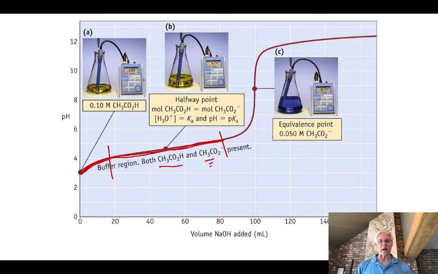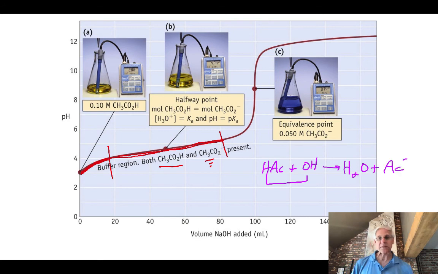Now, why is that? Well, if we think about what we have, we've got our acetic acid. It's going to react with the hydroxide of sodium hydroxide. The H and the OH are going to react and give us water, and what you're left with is some acetate ion.